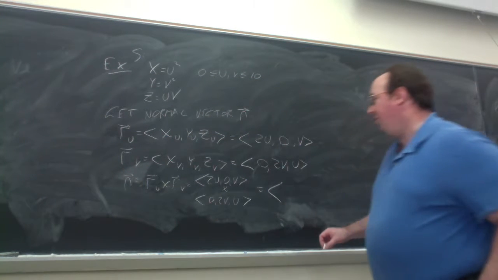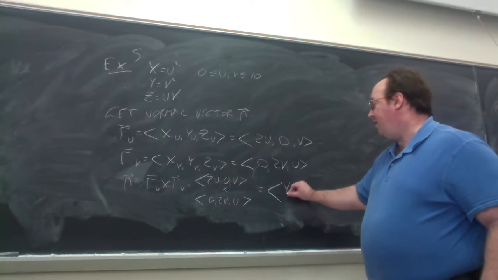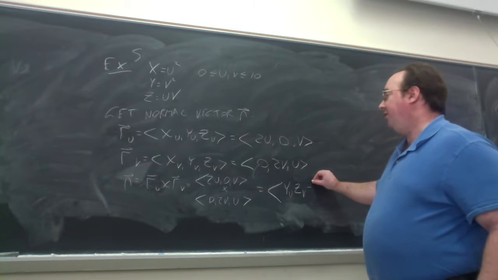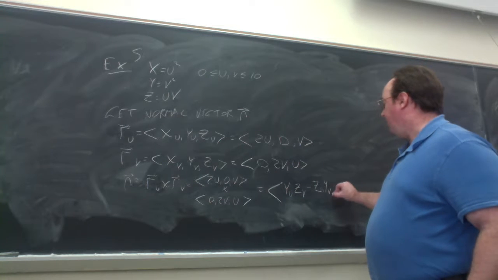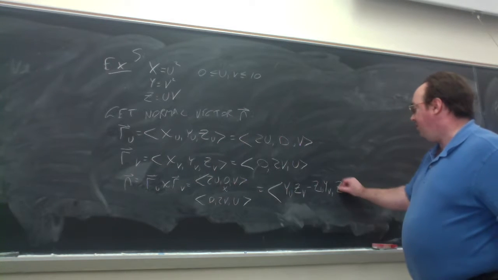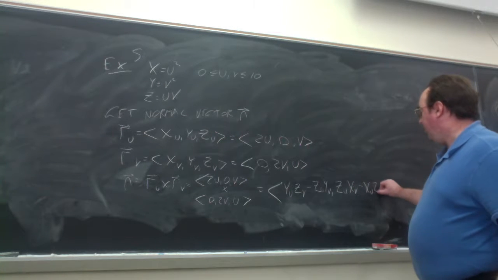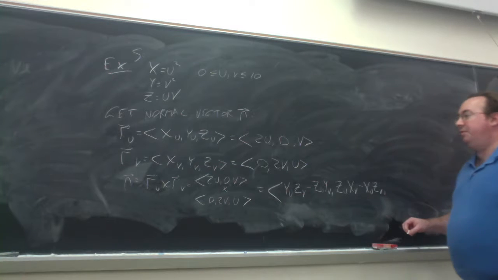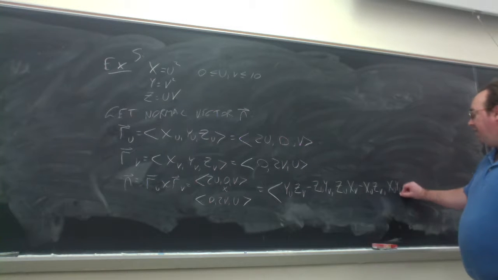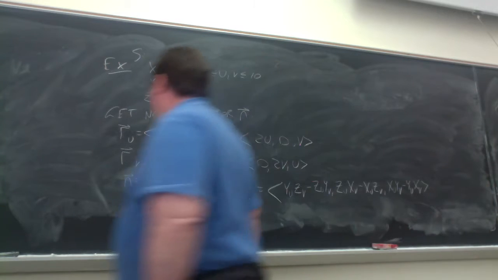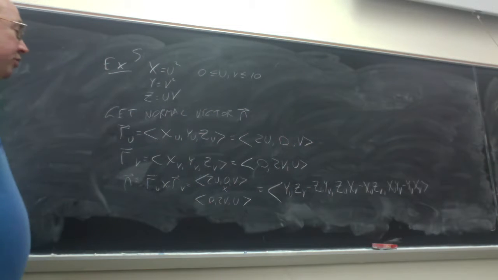To write this out in general, this would be yu zv minus zu yv for the first component. Then we have zu xv minus xu zv. And then finally xu yv minus yu xv. Then you can fill in the various partial derivatives from there.